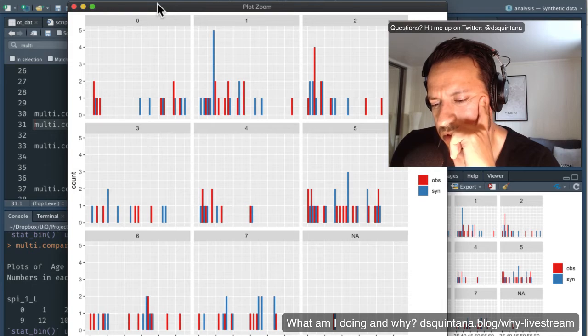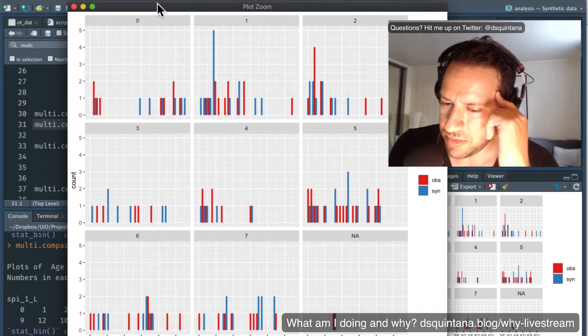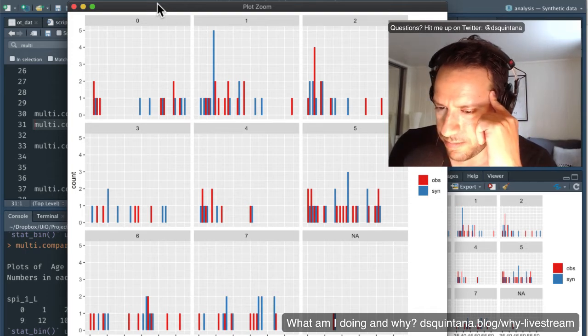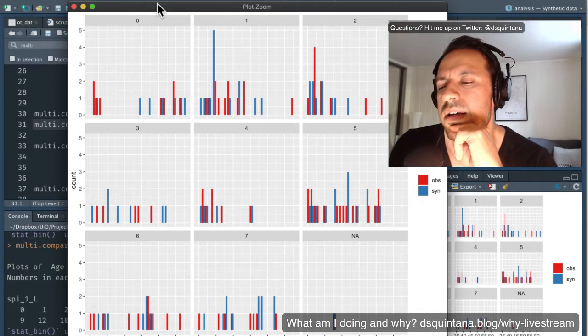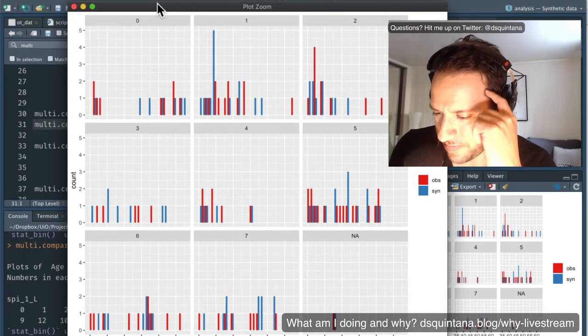No, that would be way worse. No, it's just the sample sizes aren't great. And when you have these 7 plots, including NAs, the counts are nothing.